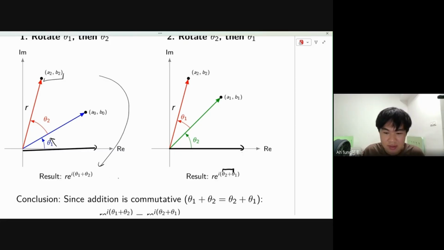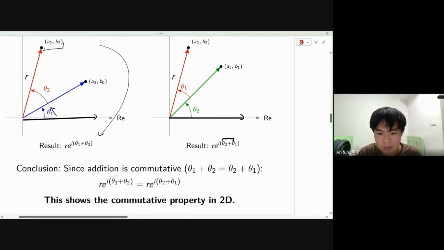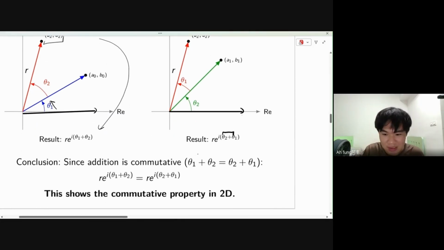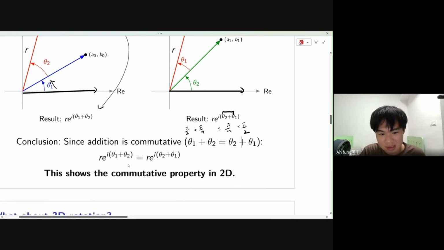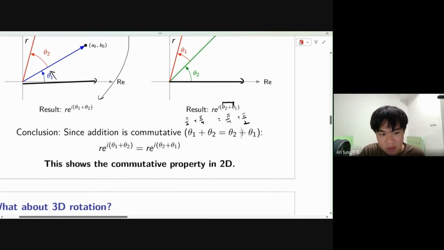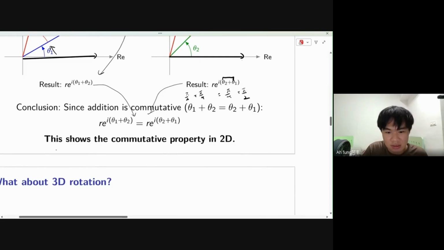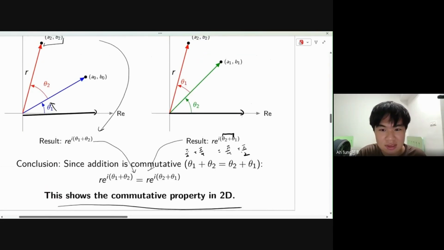We are just changing the order. But we know that theta 1 plus theta 2 is equal to theta 2 plus theta 1. Pi over 2 plus pi over 4 is equal to pi over 4 plus pi over 2. Since addition is commutative, we can conclude that this result is the same. So this shows the commutative property in 2 dimensions.